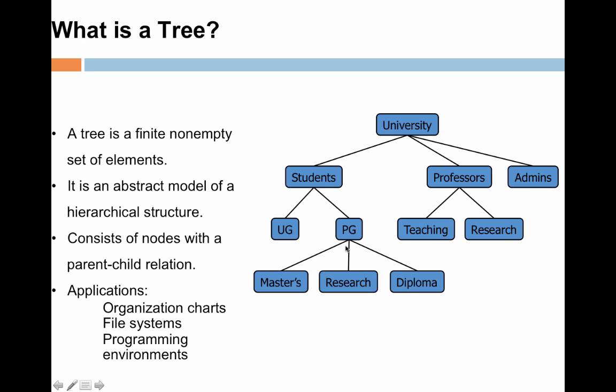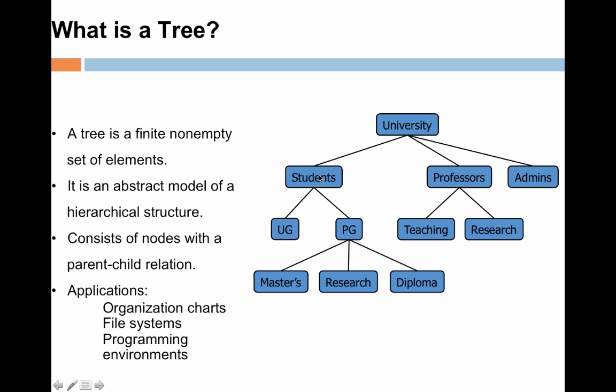So let's look at this picture. What does this picture say? This picture encodes some information about a concept called a university. Right? So university is a value which is sitting inside this node, and this node we are going to refer to as the root node. A university has students, a university has professors, a university has administrators.